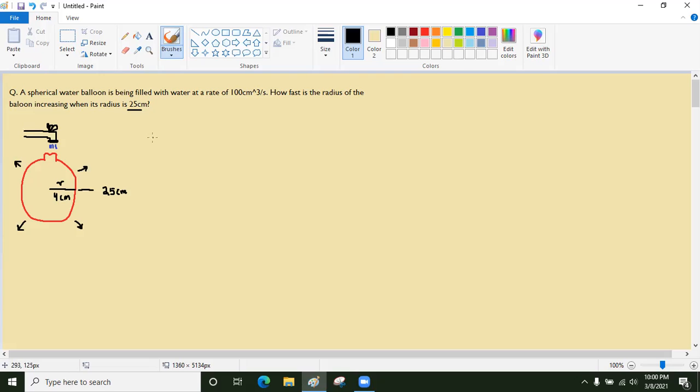So first, let's of course evaluate what we're given. We're told that the radius is 25 centimeters at this particular point in time, of which we want information, and we're told that the spherical balloon is being filled with water at a rate of 100 centimeters cubed per second. This is everyday language to say something is being filled.